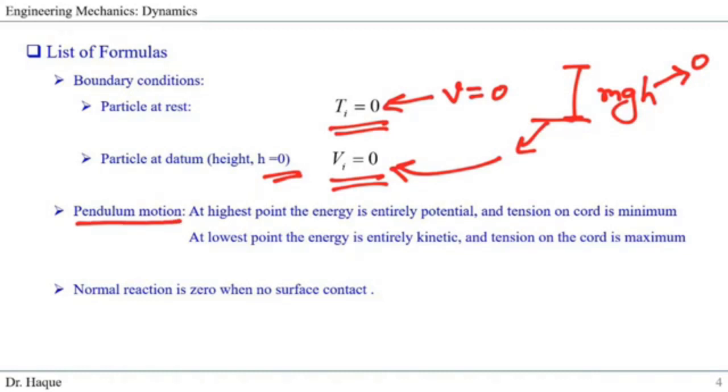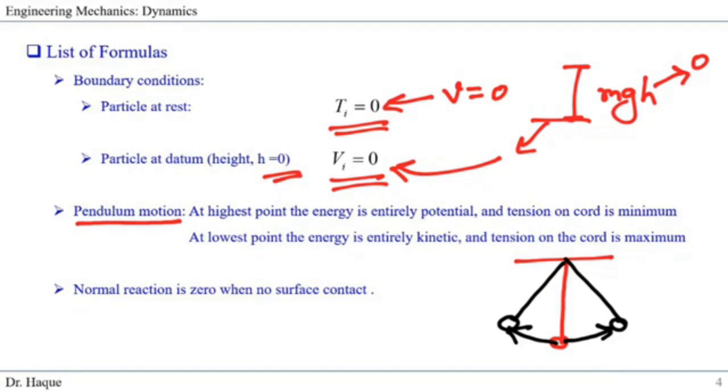Another concept that you need is pendulum motion. This is the lowest point, and this is our highest point. The highest point could be up here, where it stops and goes back.